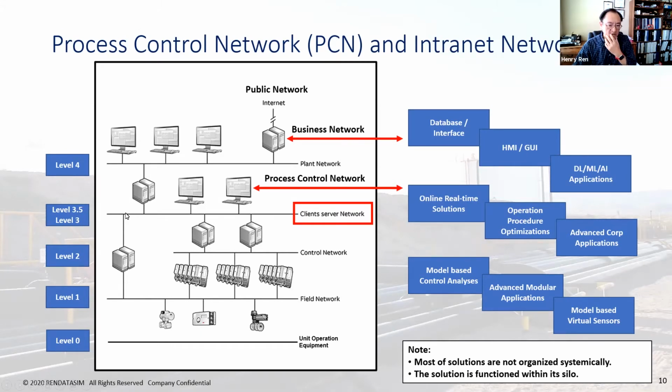In the last 5 years, they moved to the business network. The reason is that databases are more mature and allowed us to pull the data into the database. Also, cybersecurity network technology improved significantly, and people are more comfortable putting all those solutions in the business network, where they can be protected from the public network.